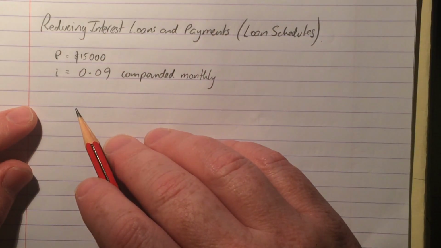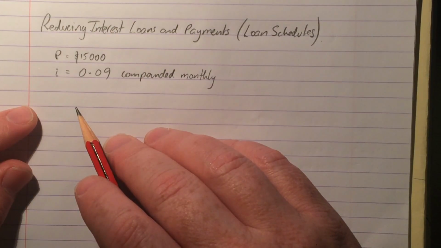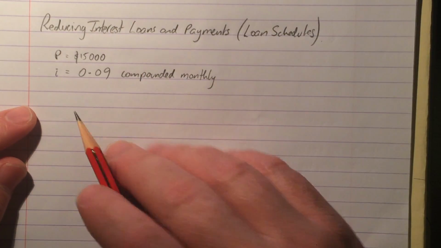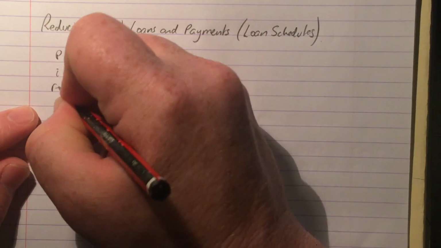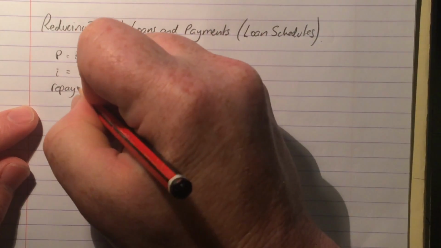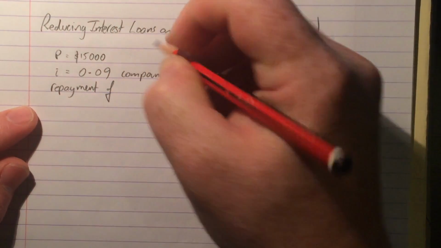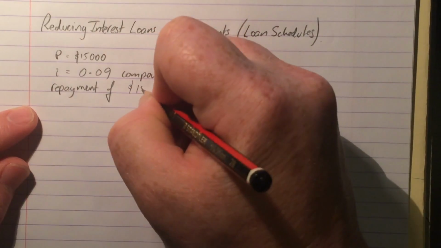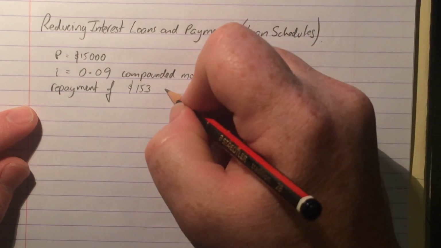We're going to look at a repayment amount of $153 per month.